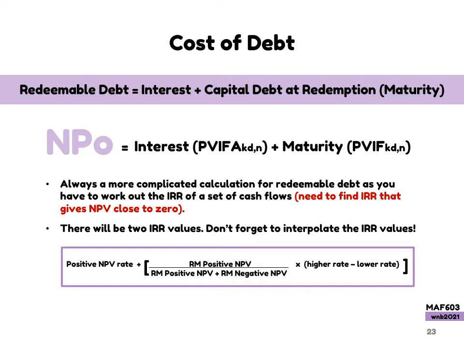Then you have to memorize ataupun refresh balik the ways to find the NPV. Because IRR adalah bila you punya NPV is equals to 0. IRR adalah rate of return yang akan bagi kita 0 NPV.